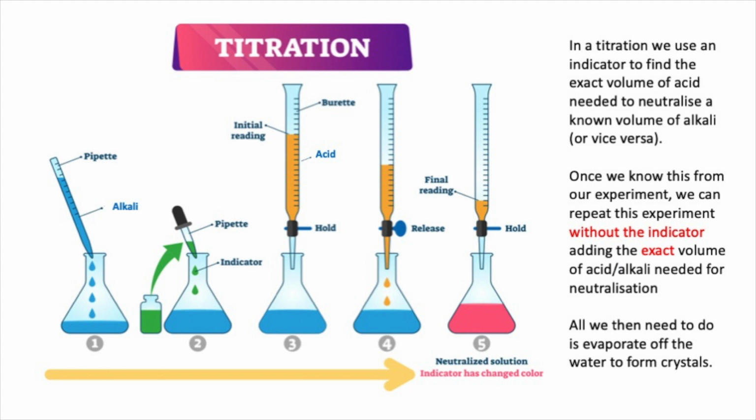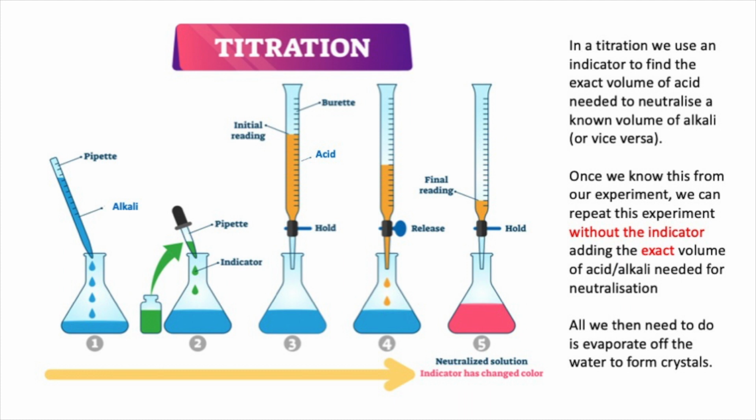And then I add my acid to my alkali and indicator, swirl in my flask until the indicator changes colour. And when the indicator changes colour, I know that my alkali has been neutralised. And I note the final reading or volume of acid in my burette, and I work out the volume of acid that I've added that was needed to neutralise my alkali.